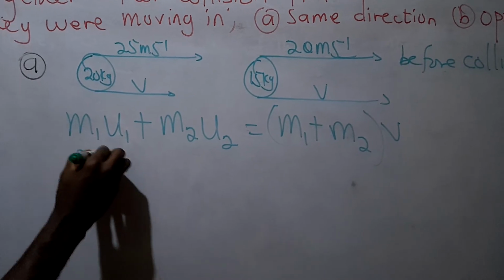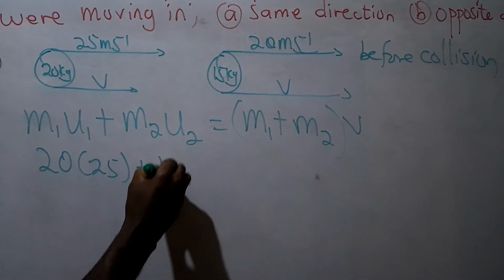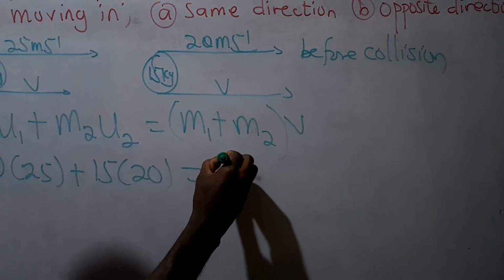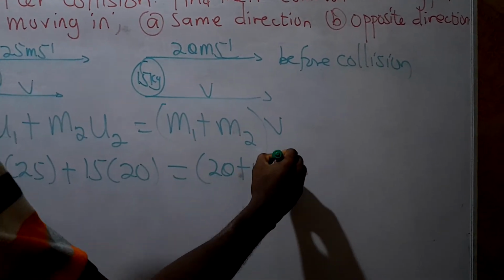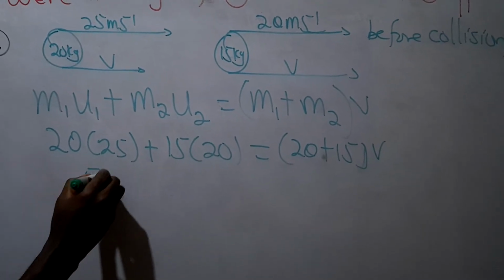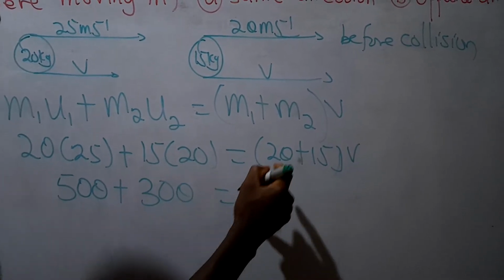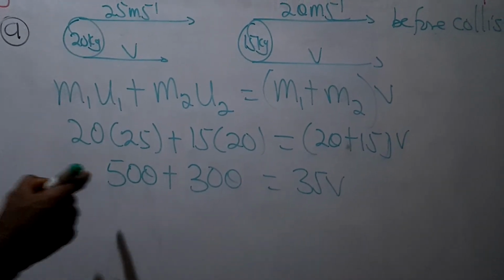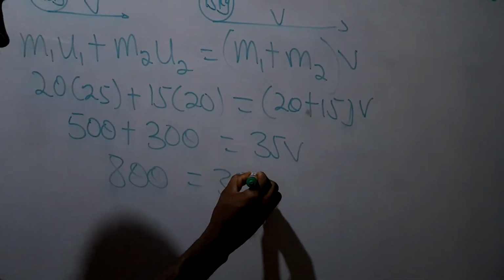It is 20 times 25 plus our m2, 15 times 20, will be equal to 20 plus 15, that's m1 plus m2, times our common velocity. 20 times 25 will be 500. 15 times 20 will be 300. Then it will be equal to 20 plus 15, which is 35, times v. 500 plus 300 is 800, and is equal to 35v.